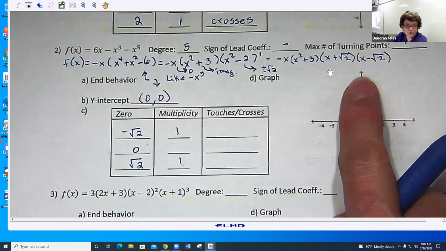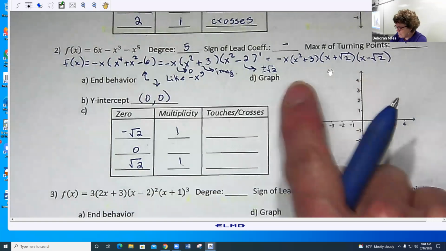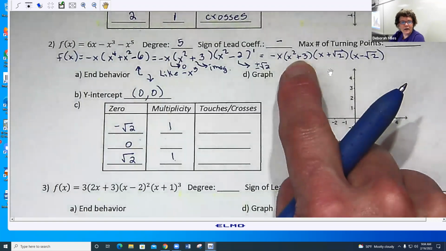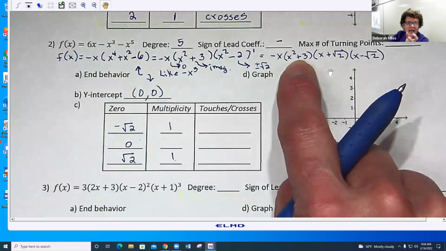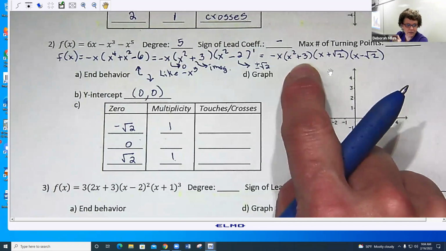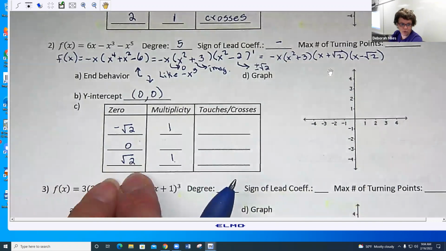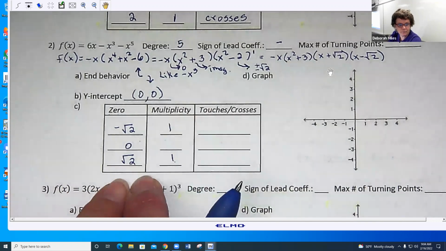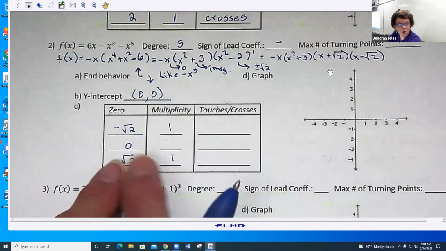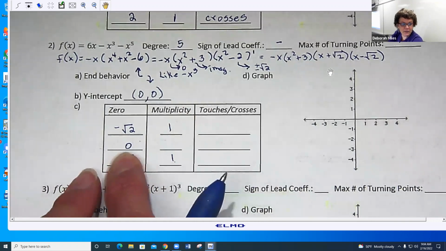If that occurred to you, you could. Heck, for that matter, I could write x squared plus 3 as x plus i square root of 3 and x minus i square root of 3. But I really don't think I want to go that far if I'm just looking for the real zeros so I can graph them.